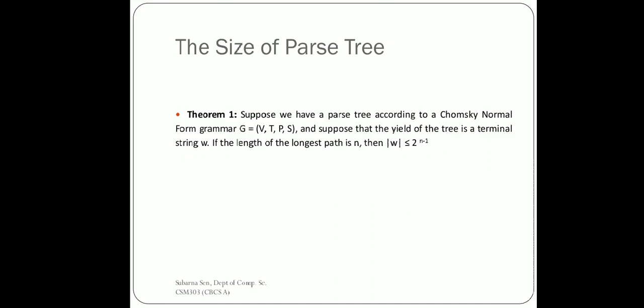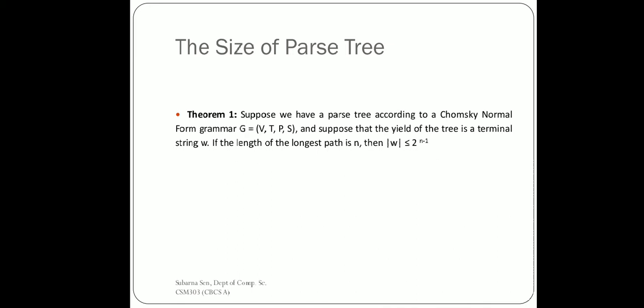The theorem says: suppose we have a parse tree according to a Chomsky normal form grammar, and suppose that the yield of the tree is a terminal string w. If the length of the longest path is n, then the length of w can be at most 2 to the power n minus 1. This is a very useful theorem.